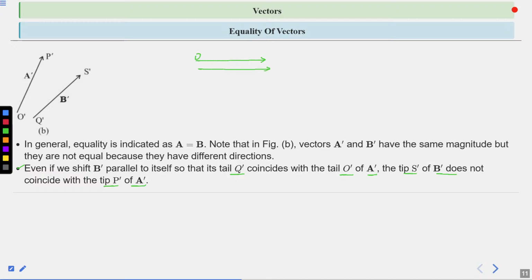Here we have O prime, P prime, and Q prime and S prime. So if both points coincide, in that case the vectors are equal and with parallel direction. And if the points do not coincide, we can say it is an unequal vector.